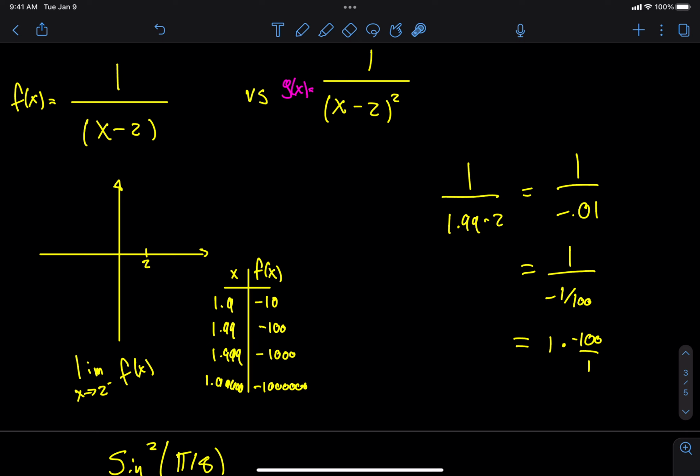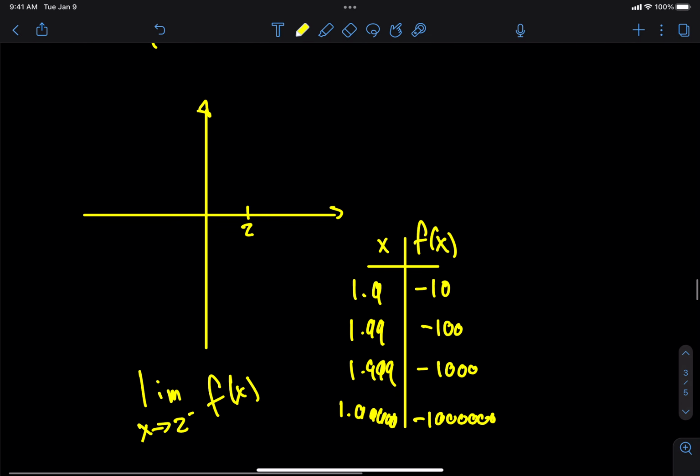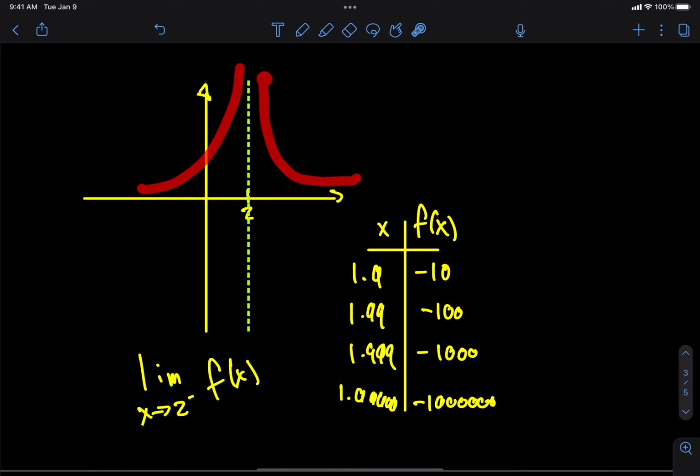As the x value creeps closer and closer to 2, you notice that the height of the function is going down, down, down, right? So this is telling you that we have an asymptote type of behavior. And the big deal with asymptotes is to figure out what they look like. There's basically a couple of options. Here's option number 1. That's one option. We know that's not us, because on the left side we're going down.